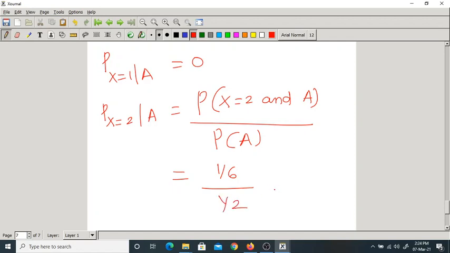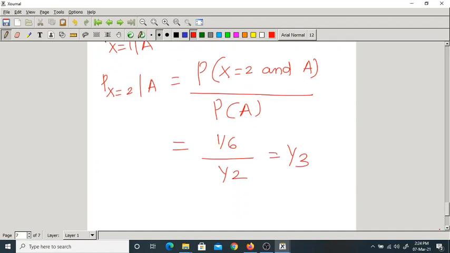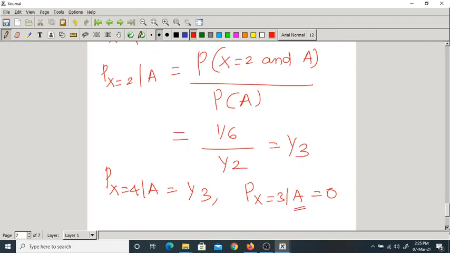That equals 1 by 3. Similarly, the probability of getting 4 given A is also 1 by 3. The probability of getting 3 given A is 0, because we get 3 in the roll but we are asking for an even number. 3 is odd, so obviously it is 0.